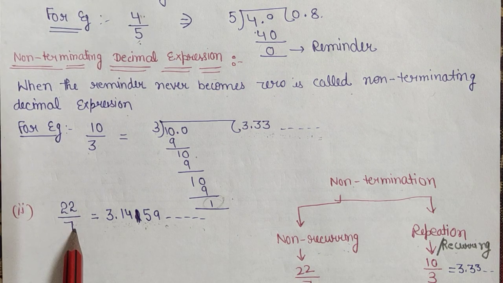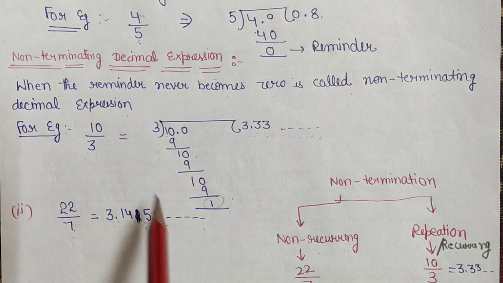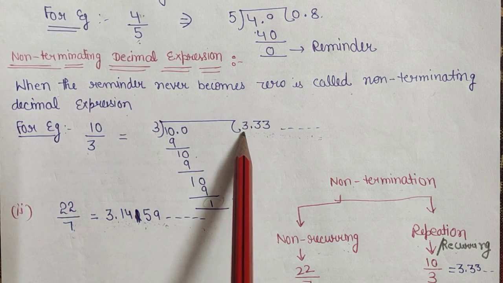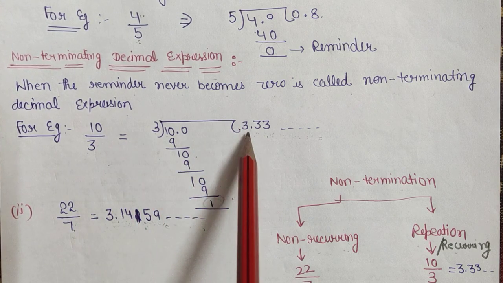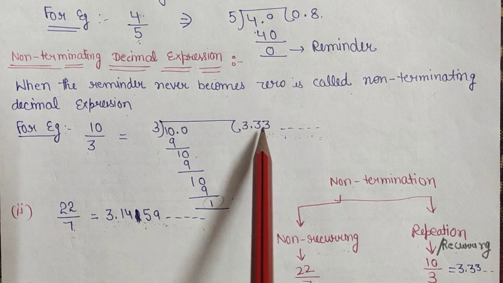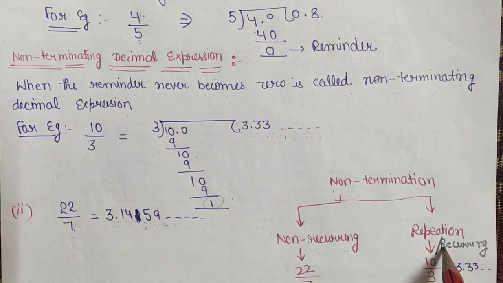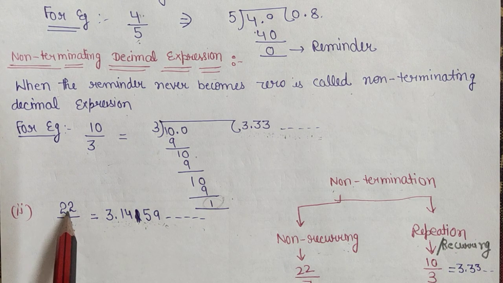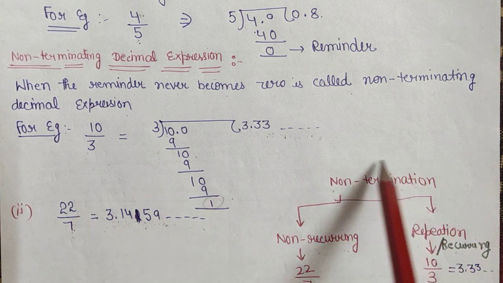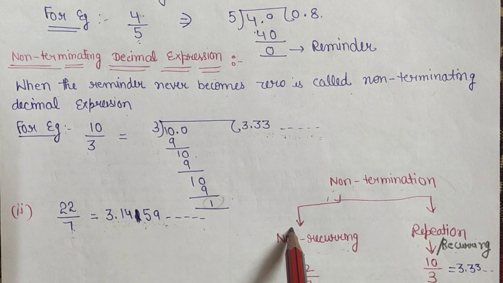Now see, in 22 by 7, after the decimal the numbers are different, but in the case of 10 upon 3, the numbers are the same. So this is an example of non-terminating, repeating or reoccurring decimal expansion, whereas 22 by 7 is an example of non-terminating, non-reoccurring decimal expansion.